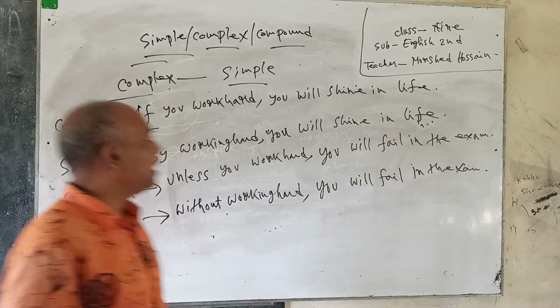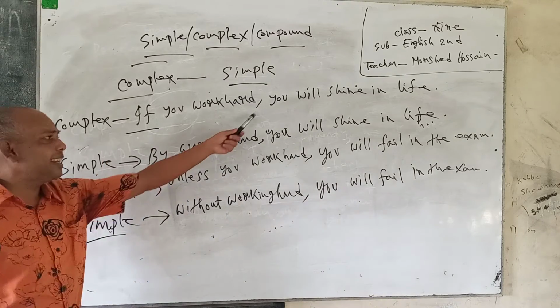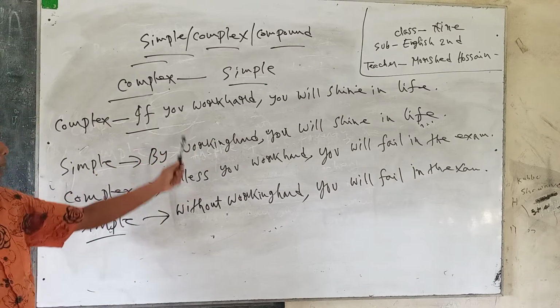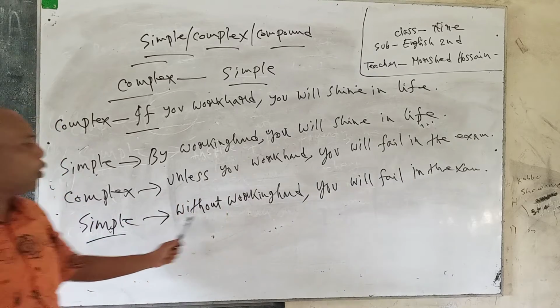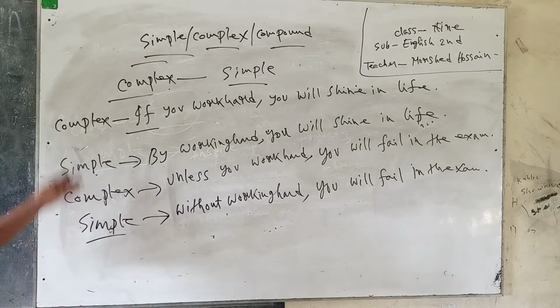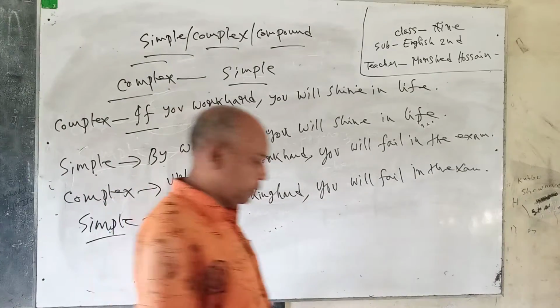Learners, you see, there are two types of rules. In a complex sentence, if there is if, it will be by plus gerund. If there is unless, it is without plus gerund. So these are the rules of complex to simple form.